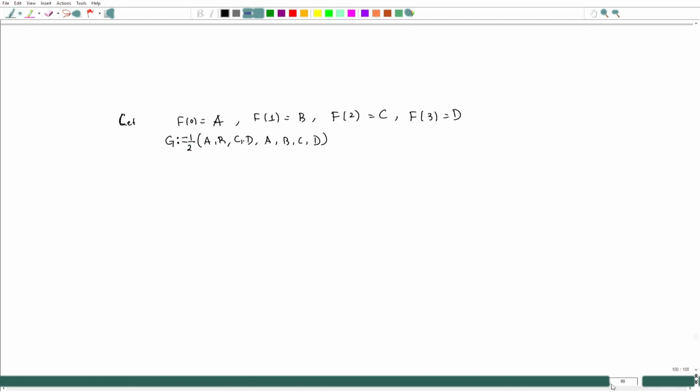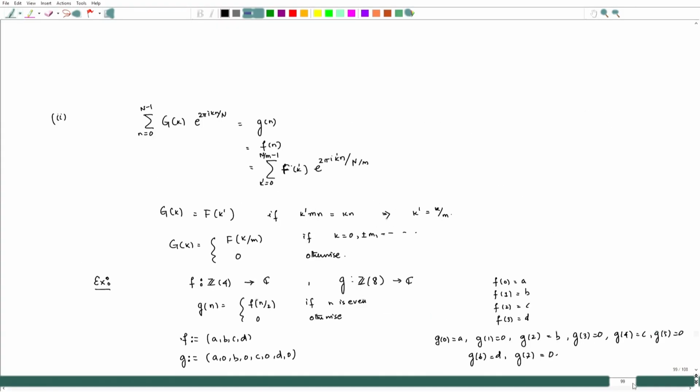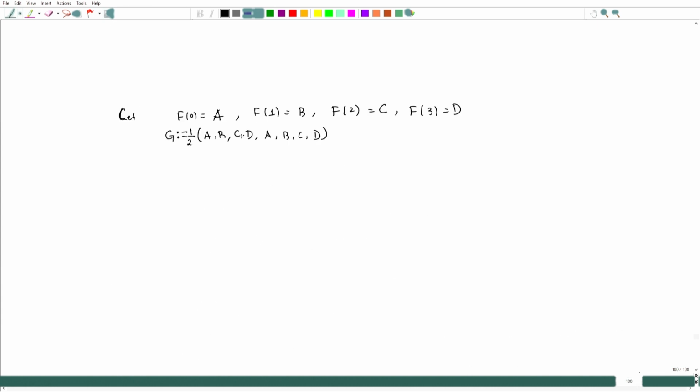Now, what we have derived is that g hat of k is 1 by m f hat of k, and in that case m is 2. Therefore, 4 will correspond to 0 in Z4, 5 will correspond to 1, 6 will correspond to 2, and 7 will correspond to 3.